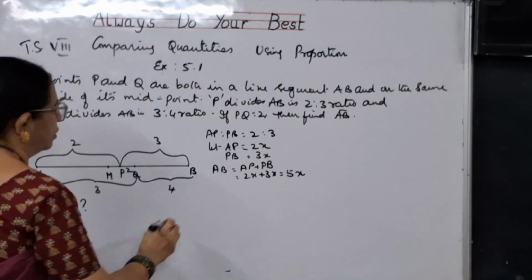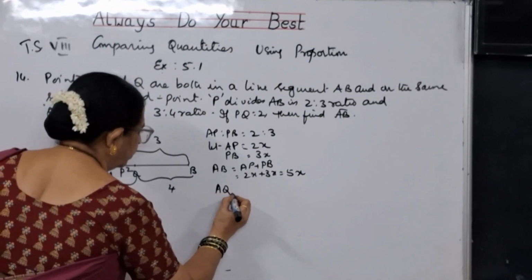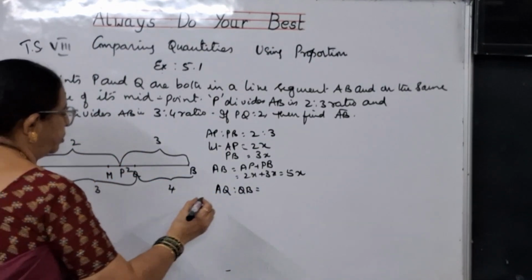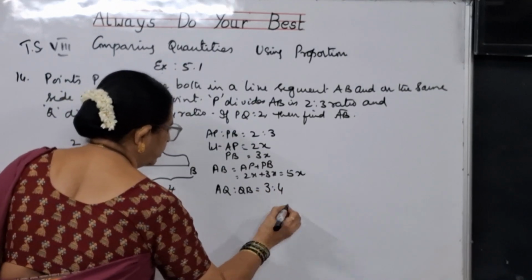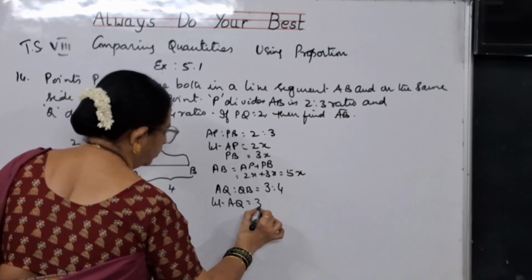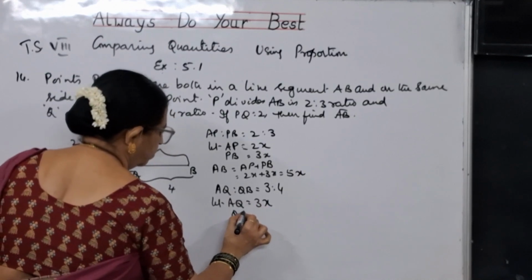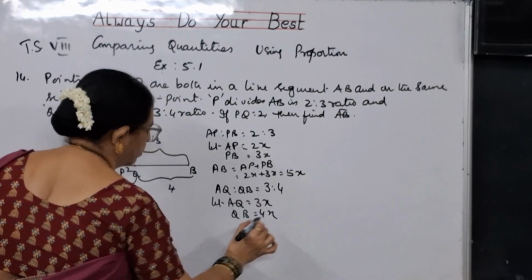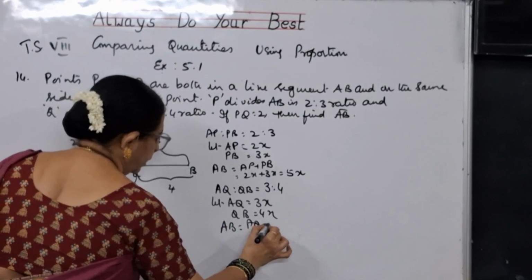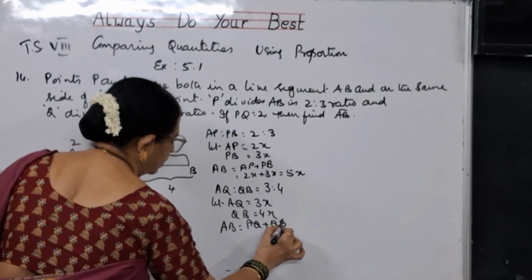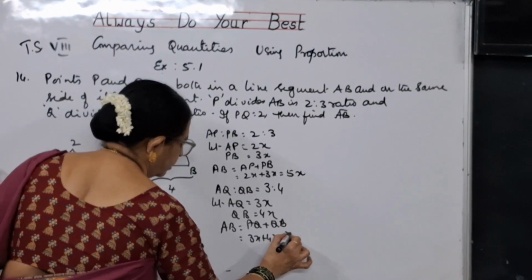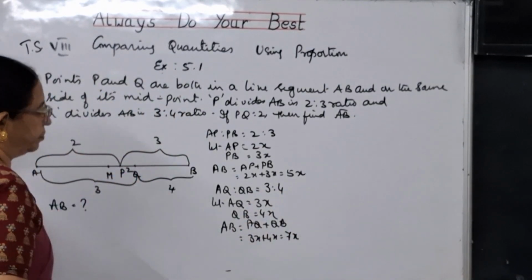And AQ is to QB is 3:4 ratio. That means let AQ be equal to 3x and QB equal to 4x. According to this, AB is AQ plus QB, that is 3x plus 4x, that is 7x.